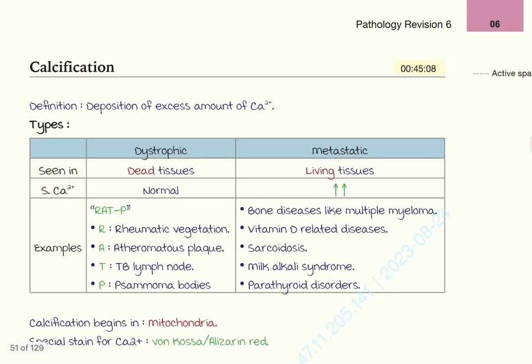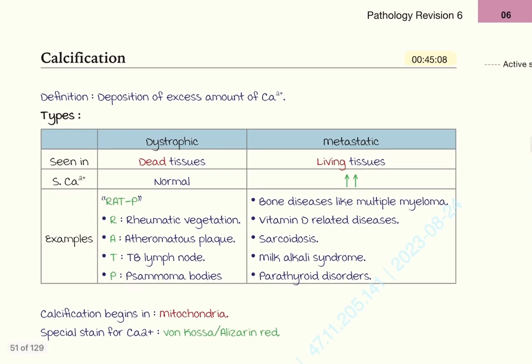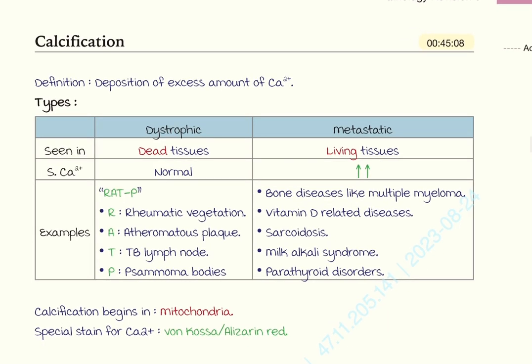Next, coming to the calcifications, various kinds of calcifications we have: dystrophic calcification, we have metastatic calcification. Very important, dystrophic is seen in dead tissues, so the cell is already dead. Calcification means deposition of excess amount of calcium.